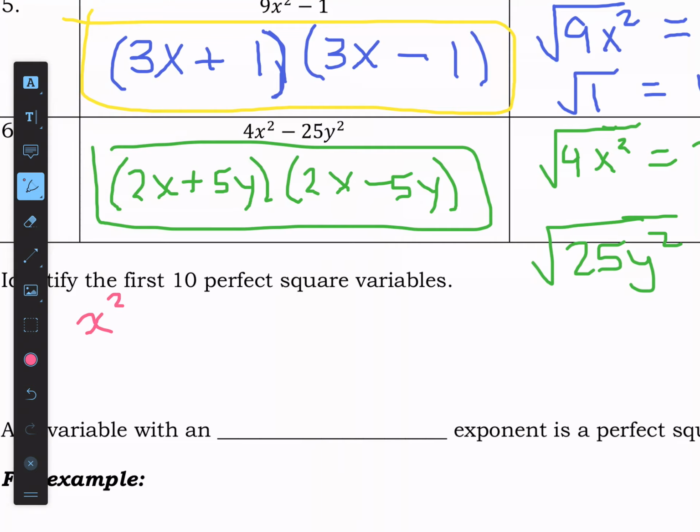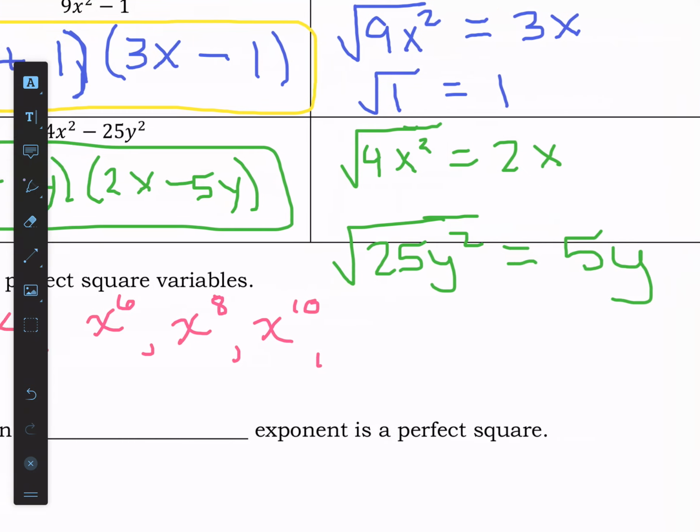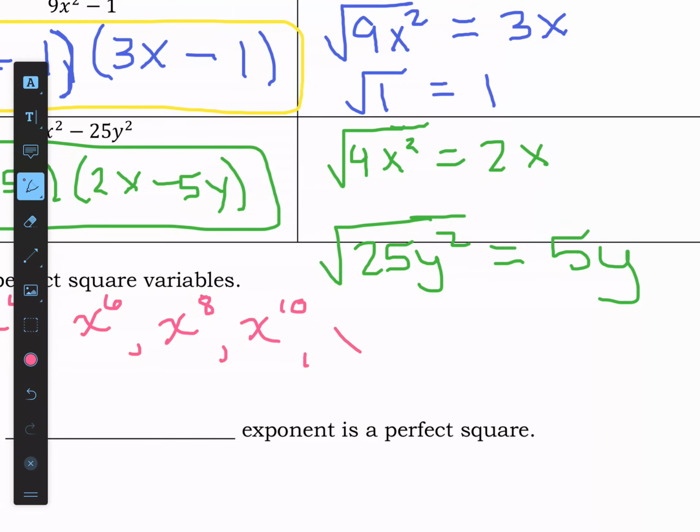All right, so now we're going to talk about perfect square variables, and I'm going to give you some examples to show you what I mean by that. So something that would be a perfect square variable, you've actually already seen, would be x squared, okay? Another example of a perfect square variable would be x to the 4th.